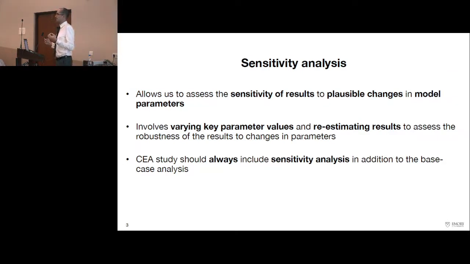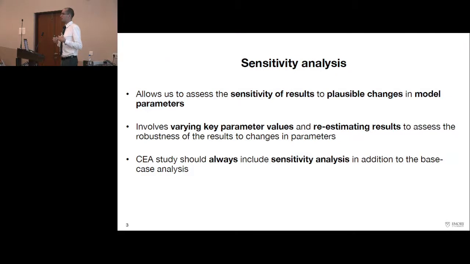If the estimate is not precise, if it's slightly biased from the true value, and we implement, for example, this vaccination program because our model tells us it's cost effective, it's actually not, because the underlying probabilities were wrong.